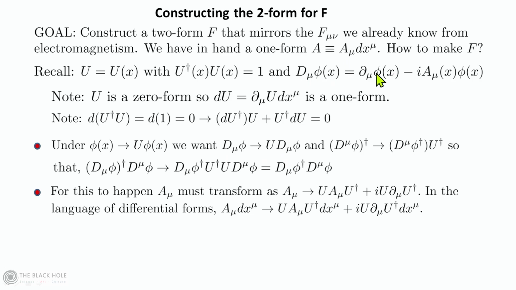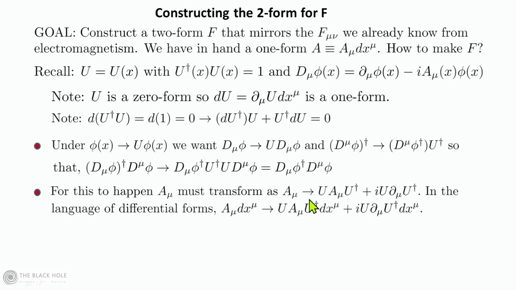So in this φ, you will put Uφ, and in this A_μ, you will put this thing over here, and it is only in that situation that the kinetic part of the Lagrangian will remain invariant. Okay, so if you accept that, let's look over here.